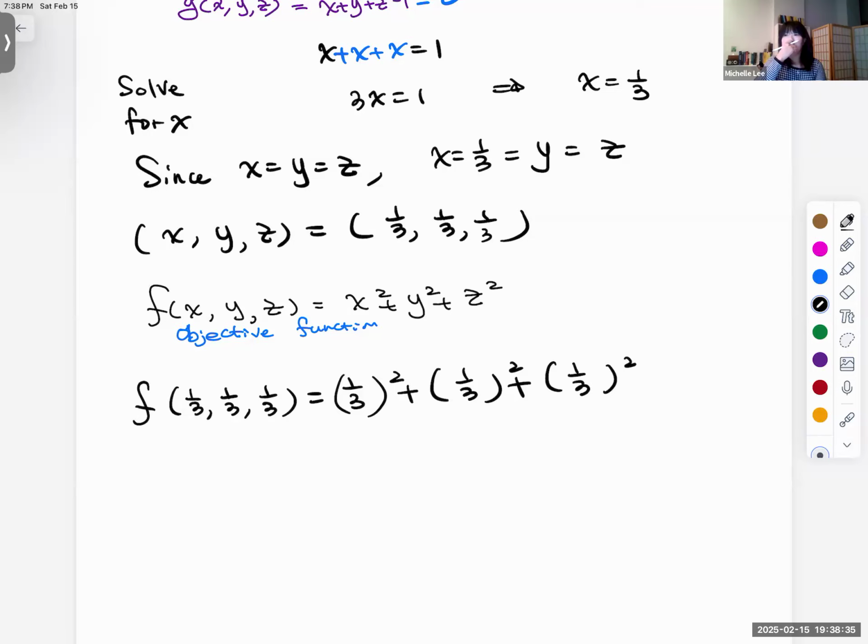Can you please calculate? We have 3/9, which is 1/3. Okay, so we say this is a minimum. Let's make sure about this.